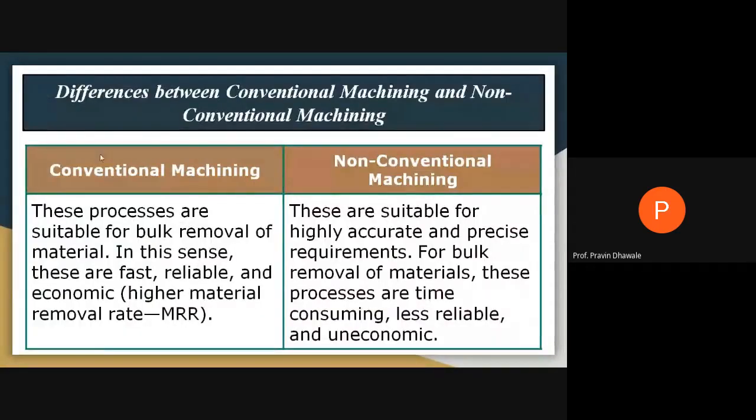In case of a conventional machining process, the material removal rate, that is MRR, is very high as compared to the non-conventional machining process.